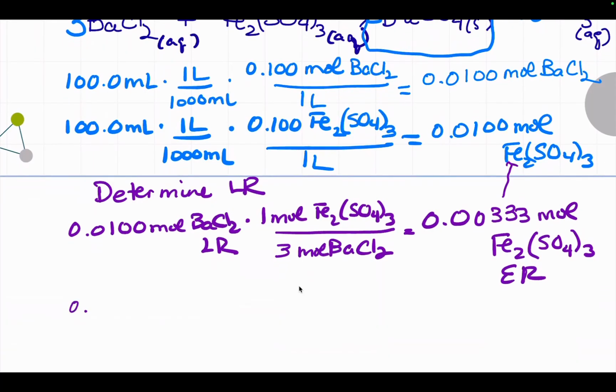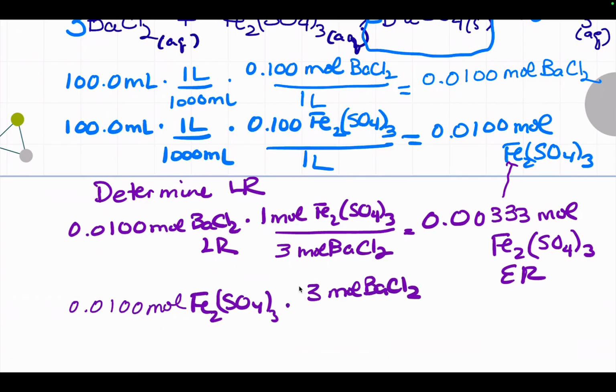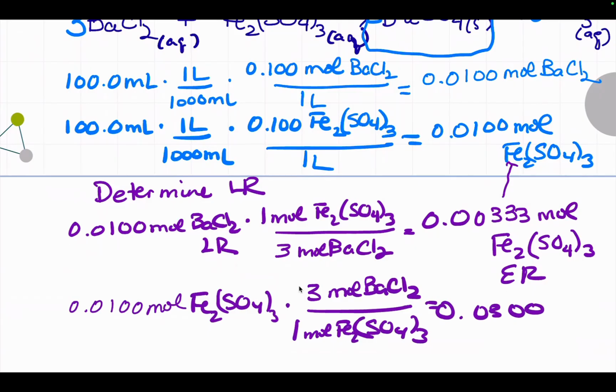But if I were to take my 0.0100 moles of iron(III) sulfate and convert that into moles of barium chloride, you're going to get 0.0300 moles of barium chloride.